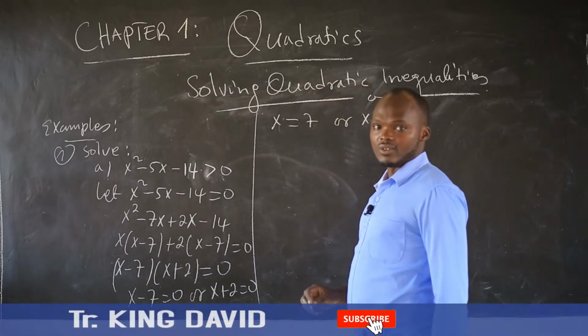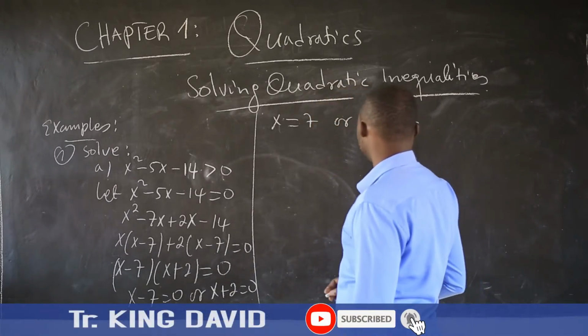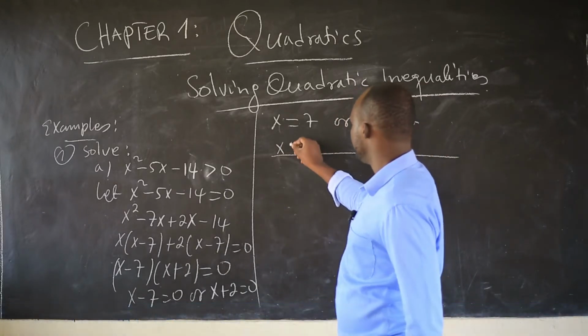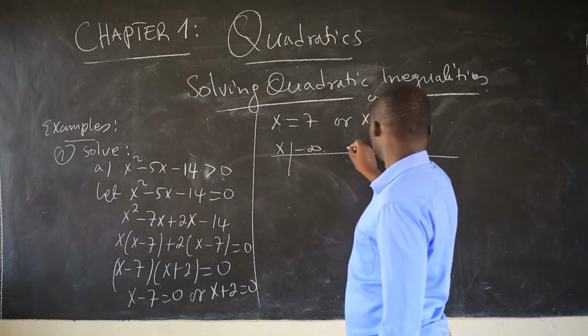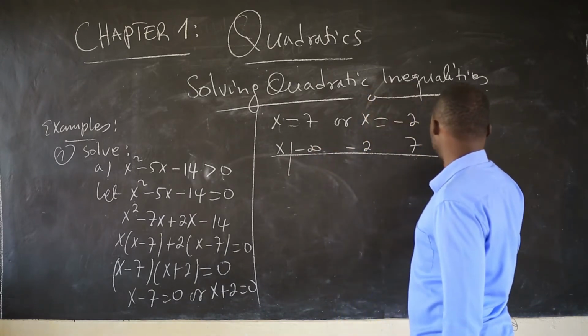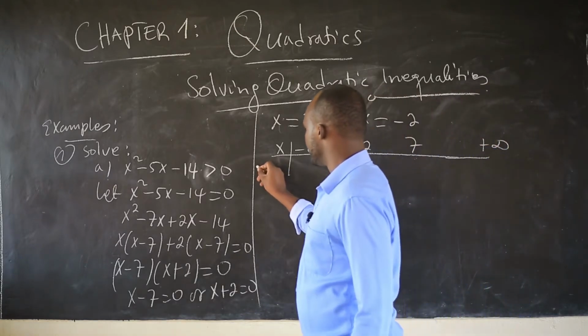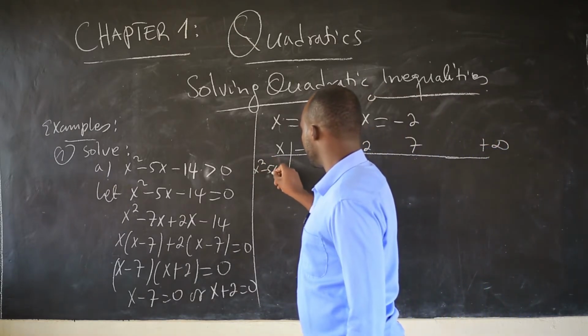After getting the values of x, we're going to study the sign. As we study the sign, that is x from negative infinity, negative 2, 7, then positive infinity. So our equation is x squared minus 5x minus 14.